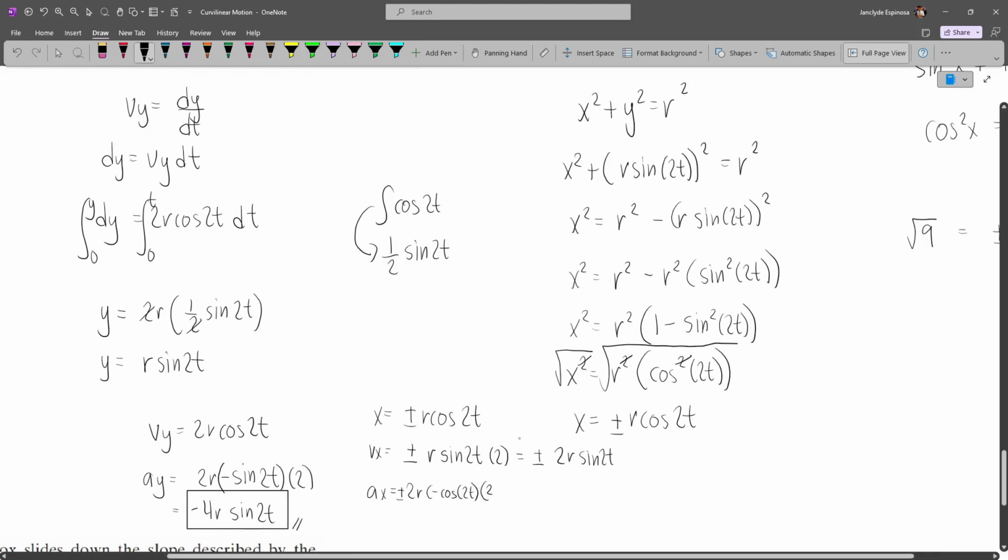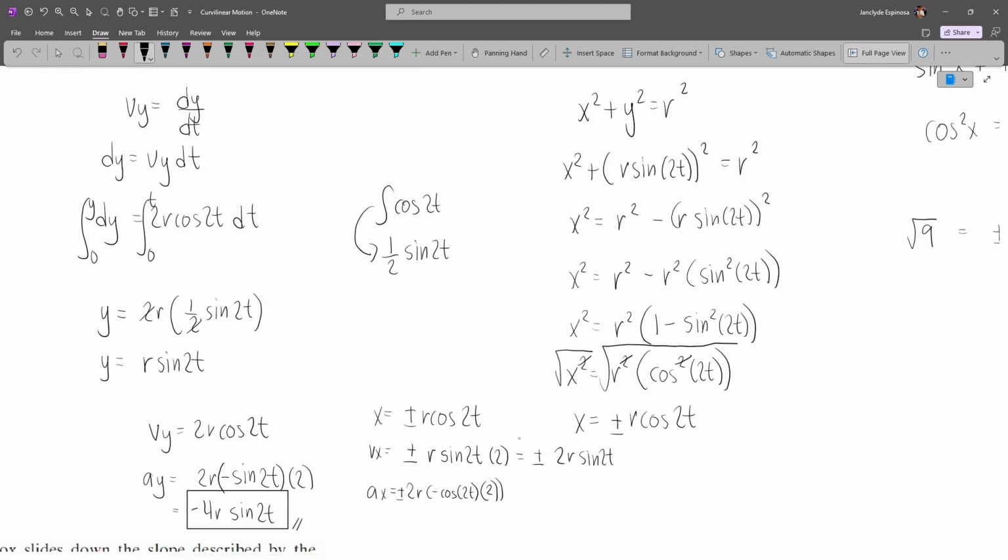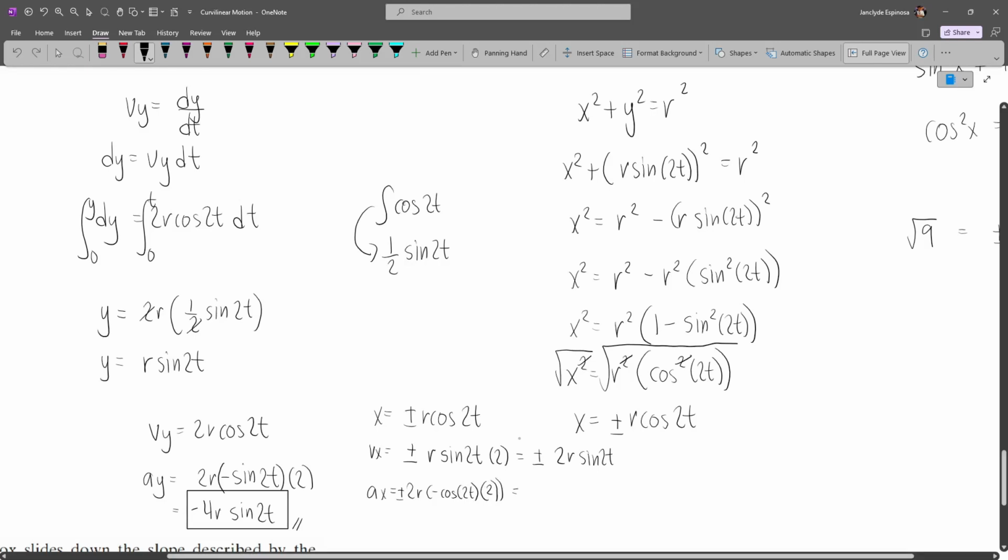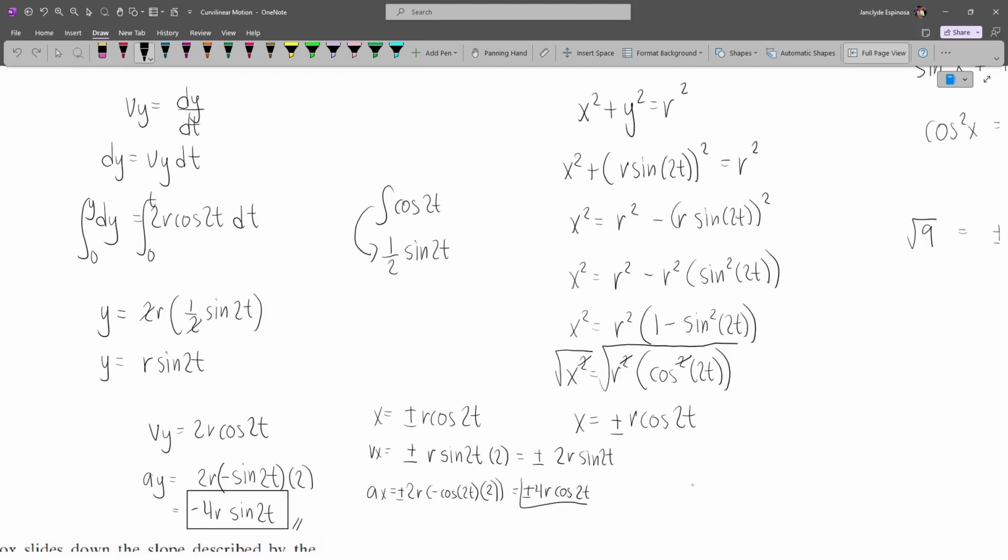So this is 2. So we now have ax equal to 2 times 2, which gives us 4, so this is plus minus 4r times cos 2t. By the way, the negative sign here is just entailed in the plus minus. And so this is now our answer. So ay equals minus 4r sine 2t, and ax equals plus minus 4r cos 2t.